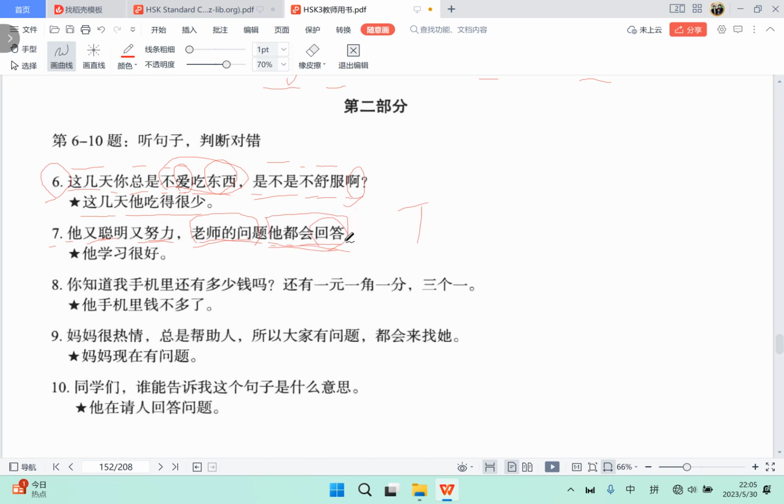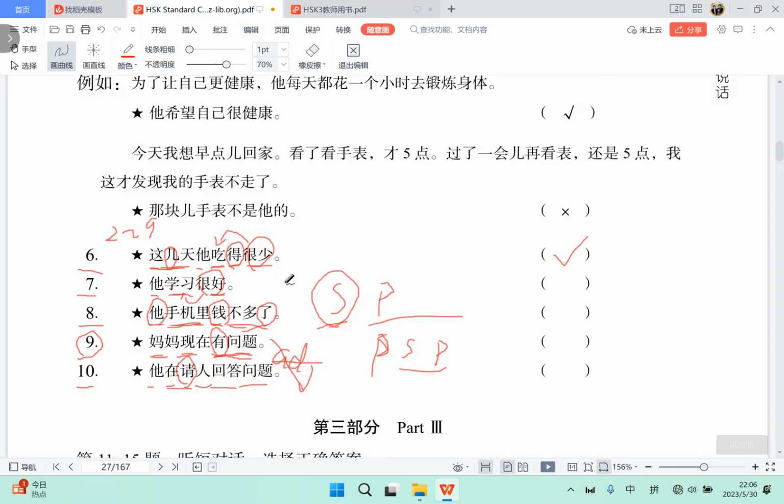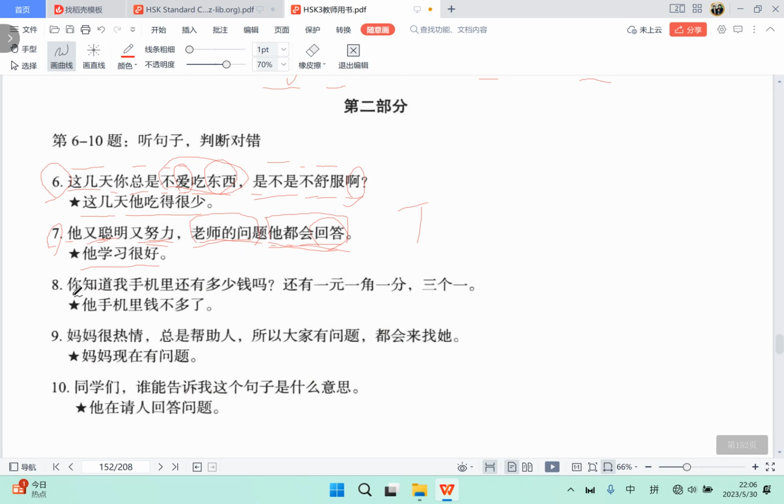Again we meet this kind of structure, and the statement is 他学习很好, he studies very well. Definitely because he's smart and hardworking. So very Chinese way. So 第七题 is correct, 对.